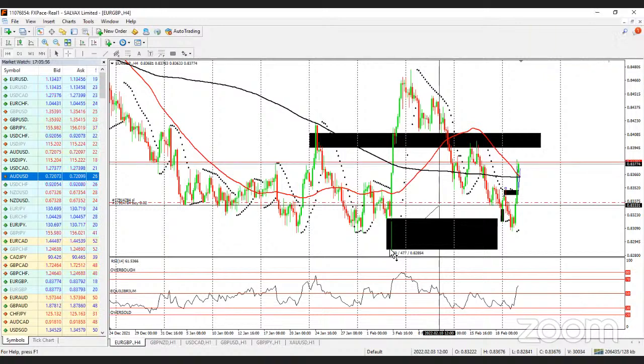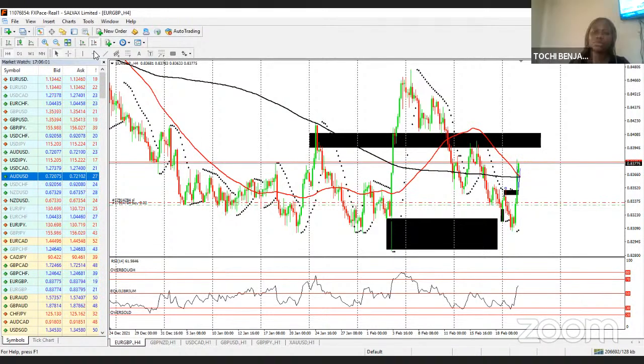Okay, it's clear now. Yeah, but you can use your line instead of going through that. You can use this horizontal line. Pick your horizontal line and drop it around where you want to use as your stop loss. If you drop it, it will give you a price there.